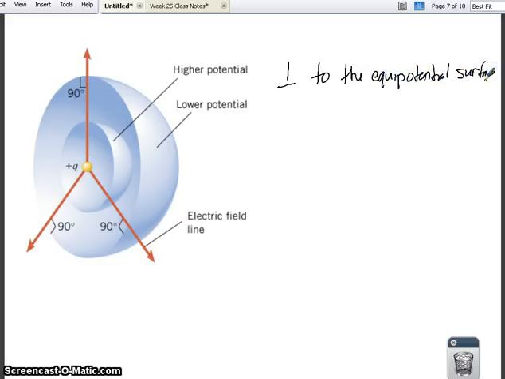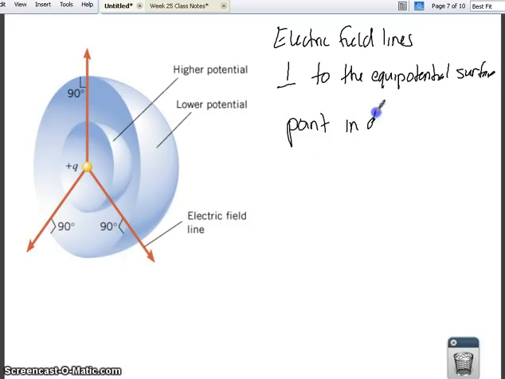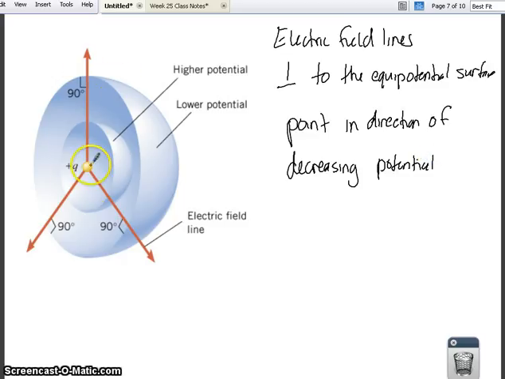These electric field lines are all perpendicular to the surface, and they're always going to point in the direction of decreasing potential. So this is a higher potential, this is lower potential, and they're going to be pointing outward.